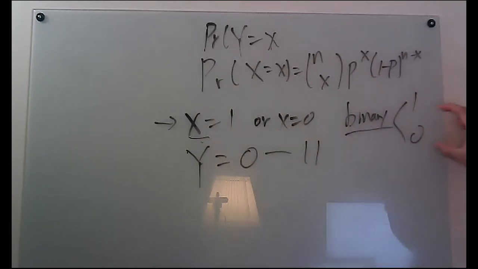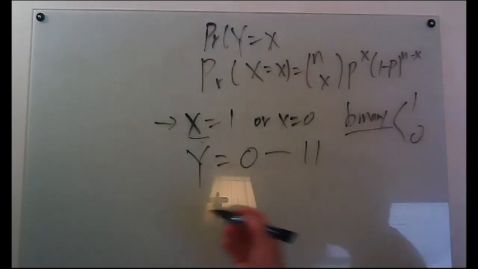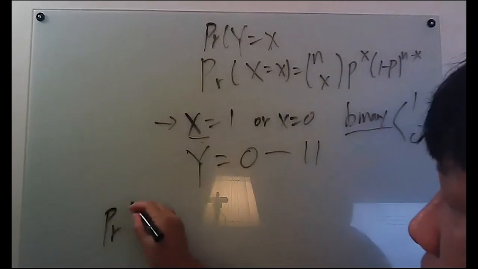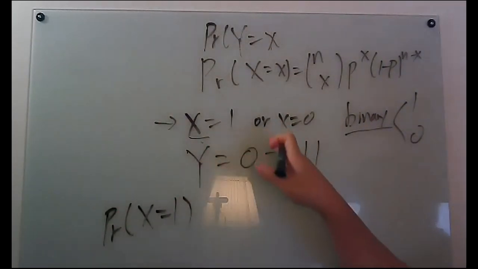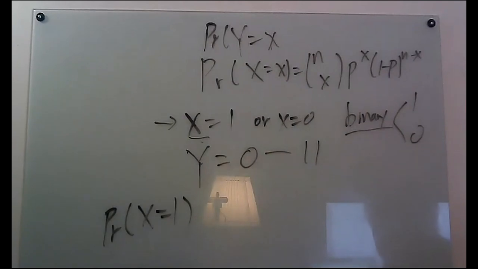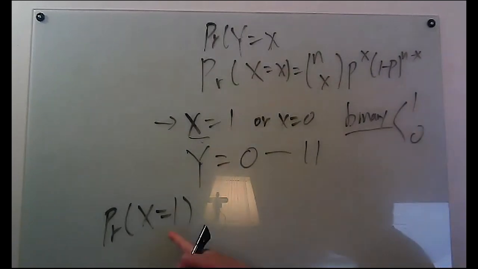You should make a definition, but it can be anything. For example, you should set a probability: the probability of X equals 1, where X is the headset.